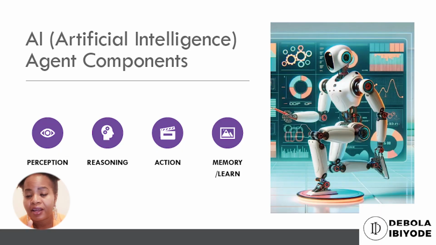So memory simulation is a key component within the LLM agent. Okay, so let's recap. AI agent design has 4 components: perception, reasoning, action, and memory.